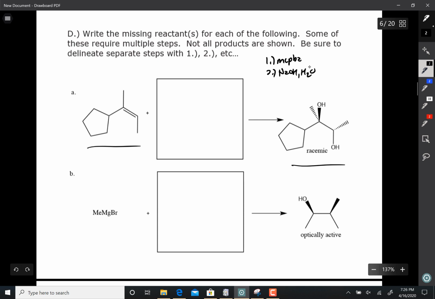That's an epoxidation followed by opening. This gives anti. The other way is osmium tetroxide and NMO. That gives syn. Problem is, we don't know which one this is, syn or anti. But we do have some clues.